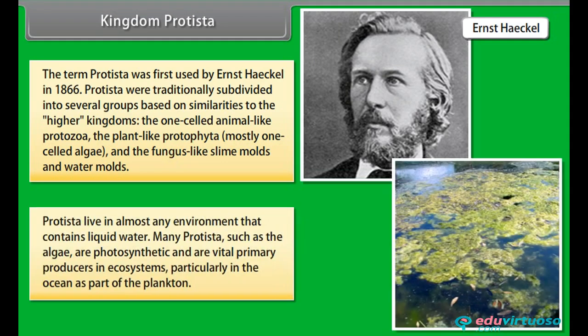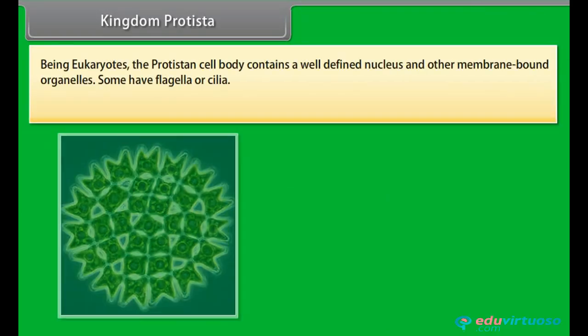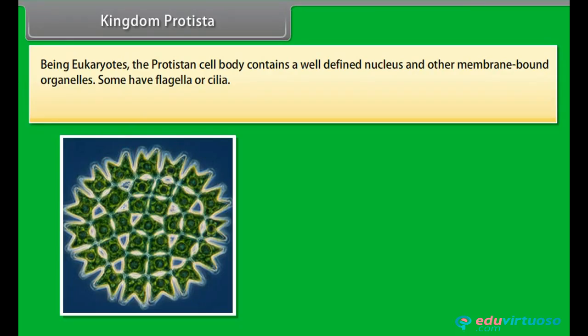Protista live in almost any environment that contains liquid water. Many Protista, such as the algae, are photosynthetic and are vital primary producers in ecosystems, particularly in the ocean as part of the plankton. Being eukaryotes, the Protistan cell body contains a well-defined nucleus and other membrane-bound organelles.